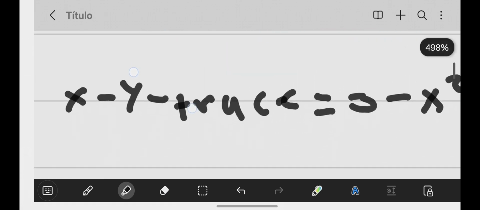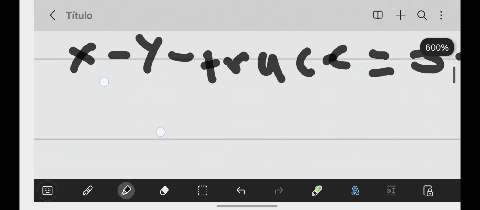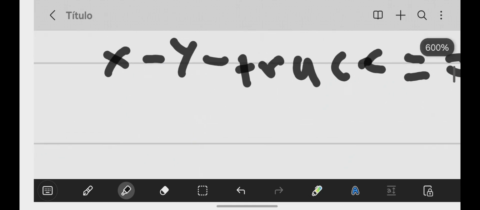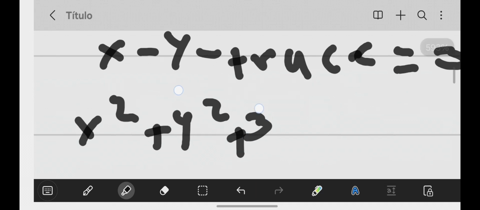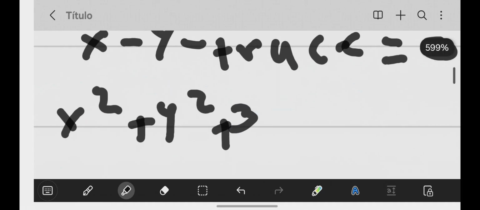Which means x squared plus y squared equals 3. This is a circle with a radius.